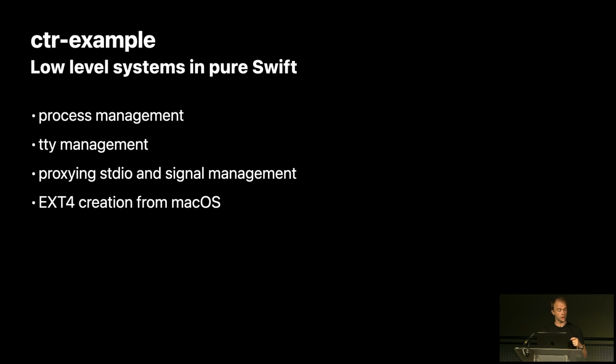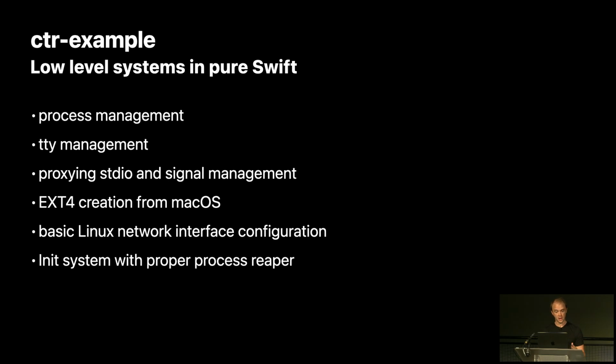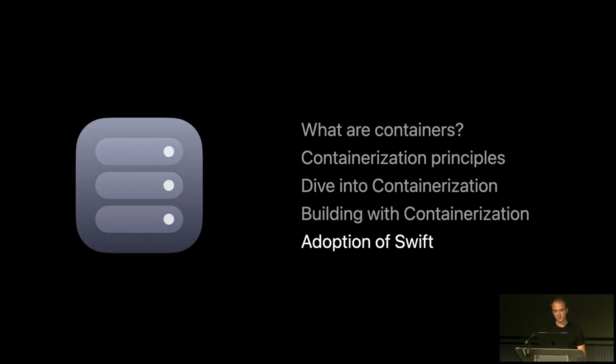We had to create tooling for manipulating and creating ext4 file systems. We have basic Linux network interface configuration, an init system with proper process reaping on Linux. We have OCI image management. So we have a lot there, and I think it shows kind of the readiness and the utility of Swift pretty well.